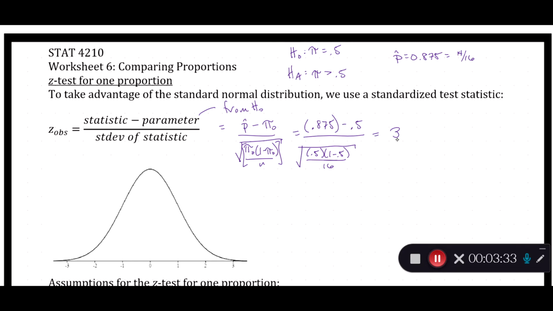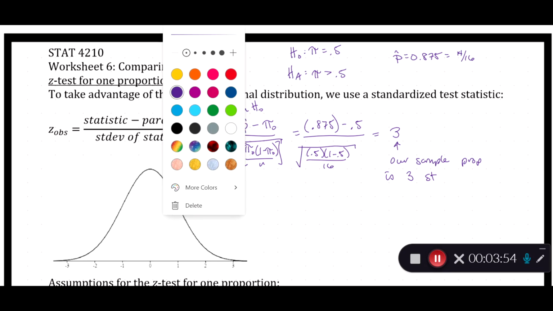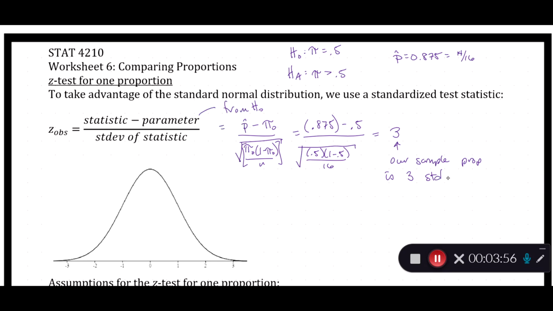We interpret a z-score, or a z-test statistic, the same way that we interpret a t-test statistic. This is saying that our sample proportion is 3 standard errors, or 3 standard deviations, greater than the hypothesized proportion.